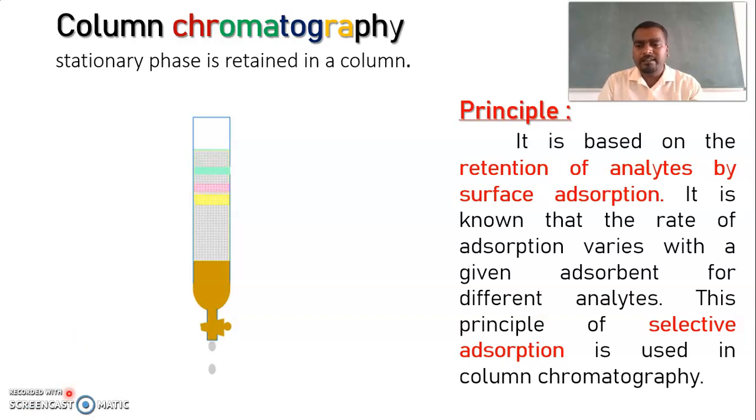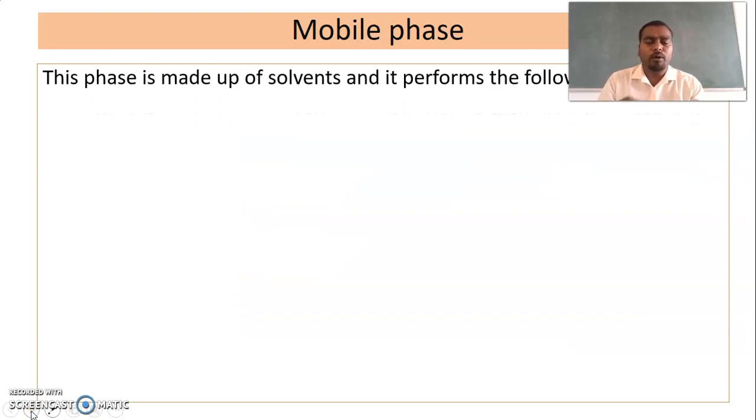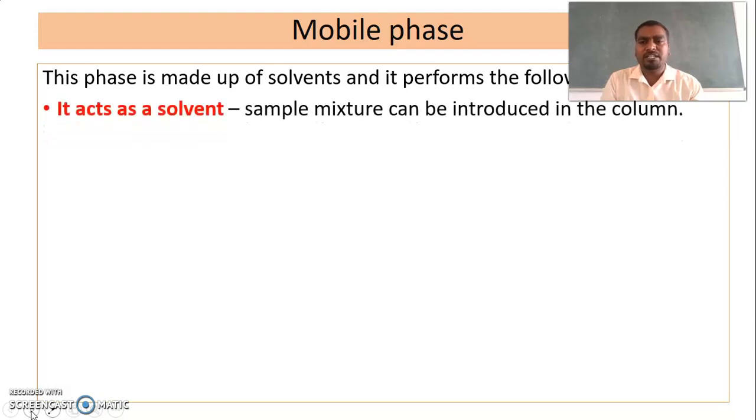Next, let us see the mobile phase which is used in column chromatography. The important criteria to choose a suitable mobile phase is, first, it must act as a solvent. It must be capable of dissolving the analyte. This is the first property which must be satisfied by the mobile phase.